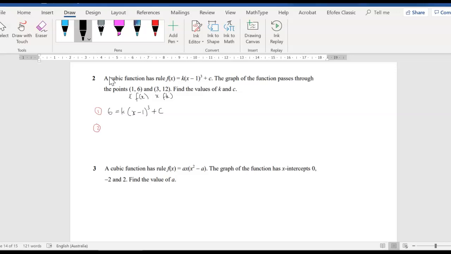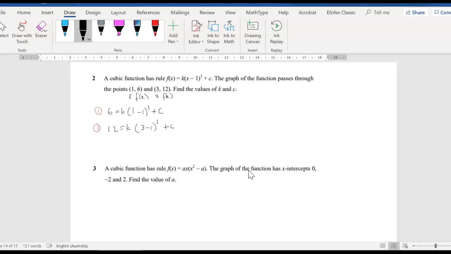And then we're going to substitute in 3 and 12. So 12 equals k. Oops, I didn't substitute in the value of x there. I knew when I finished that I forgot something. So let's just get rid of that x. I didn't substitute in for x, so that should be 1.